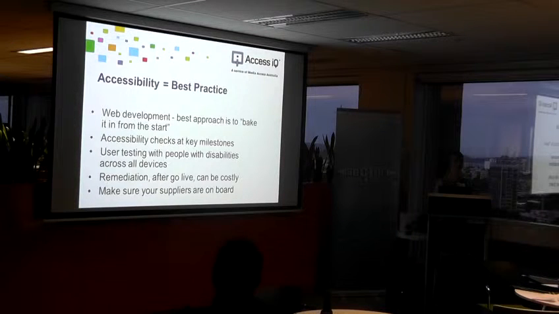Someone with some good expertise, and you can always train up someone within your team to be an accessibility lead, does an accessibility check once the sprint's finished, the train's left the station. 24 hours later you can have information about the accessibility of what you've delivered, and then within the next sprint you just put any of the learnings back into the development process, and it's all baked into that process. It doesn't have to be difficult.